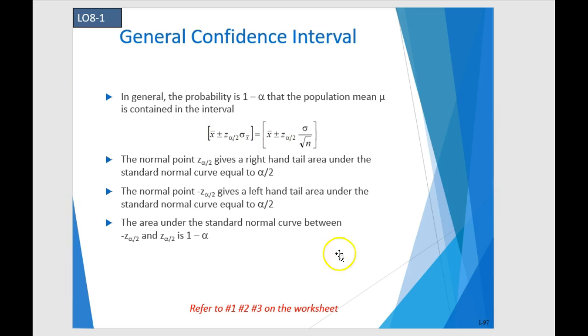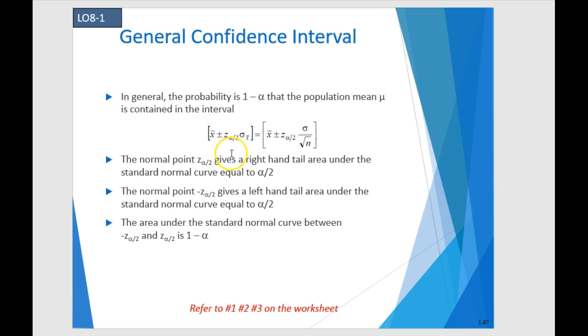Here's the formula. In general, the probability is 1 minus alpha that the population mean mu is contained in the interval. The interval we're looking at is x bar plus or minus z sub alpha over 2 times, not the square root, the sigma of the sample mean.